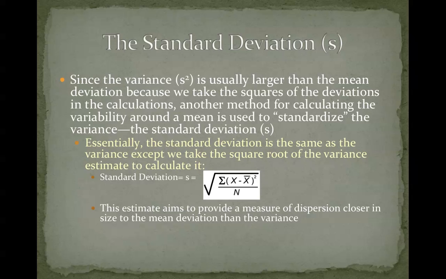It's the same as the variance, except we take the square root of the variance. Here is how it looks if we write it out. The ultimate goal of the standard deviation is to provide a measure of dispersion that's closer in size to the mean deviation than the variance is.